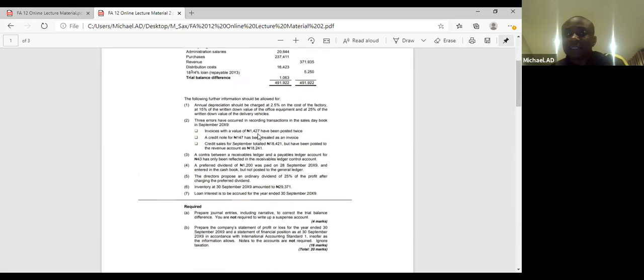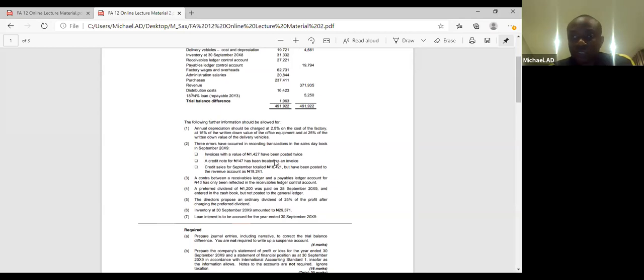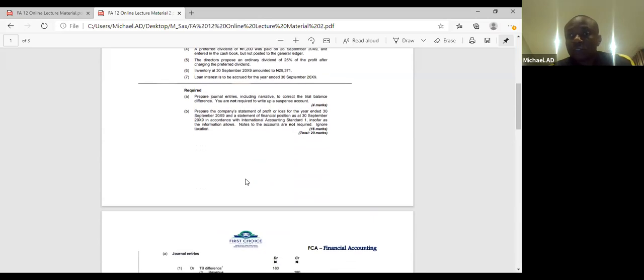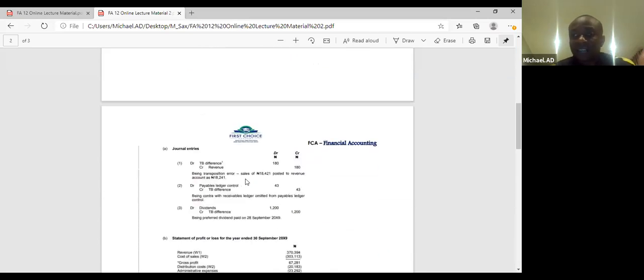Remember that these errors are basically the reason why our trial balance does not balance, this 1063. So we need to correct all these errors so that our balance sheet can balance.